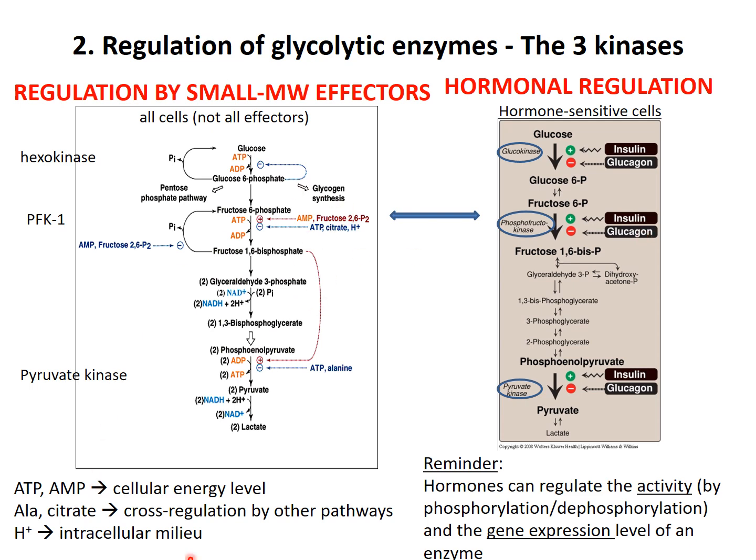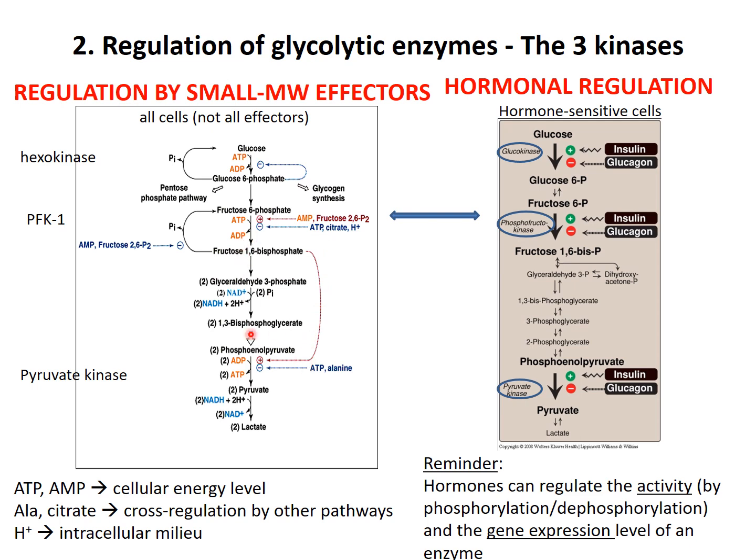Okay, what do these small molecular weight mediators mean? When you see AMP or ATP, which you always will see in pyruvate kinase, it sends the message for cellular energy. So when there is a lot of ATP, there is no need to run glycolysis because there is enough ATP for the cell.